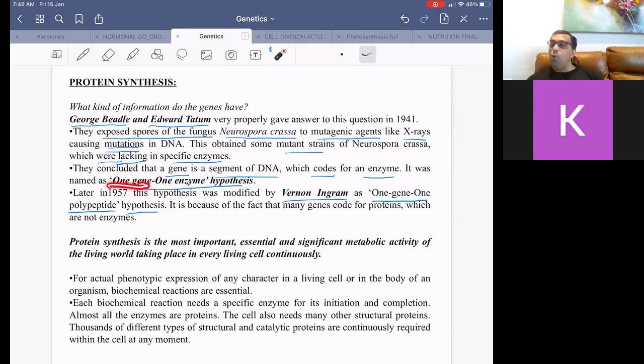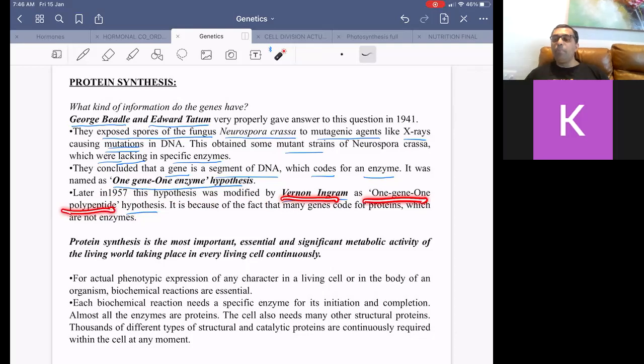It can produce a protein which is not an enzyme. And in 1957, this hypothesis was modified by Vernon Ingram as the one gene, one protein or one polypeptide hypothesis.